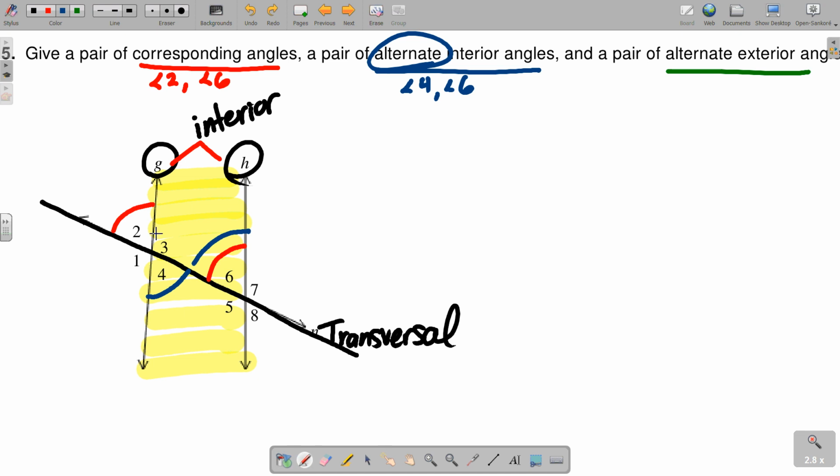Another pair of alternate interior angles would be 3 and 5. Alternate exterior, opposite sides of the transversal, but outside of the lines. That would be like 1 and 7. Also, 2 and 8.